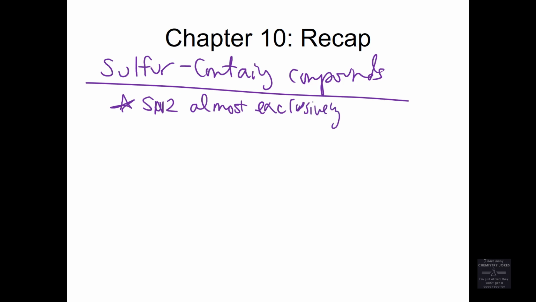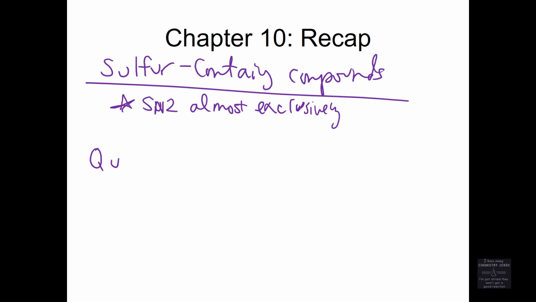It's hard to say that it is exclusively SN2 because they could officially do something else, but almost always sulfur-containing compounds do SN2. They're good at doing SN2 reactions, acting as a nucleophile. They're good at being SN2'd upon if you have something like a sulfonium, sulfur with a positive charge. SN2 pretty exclusively when you have a sulfur-containing thing.